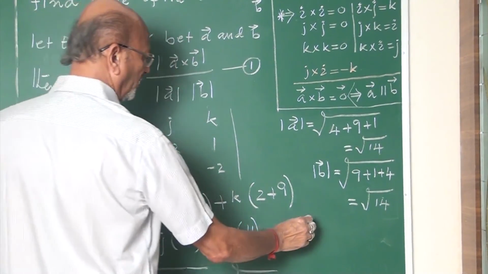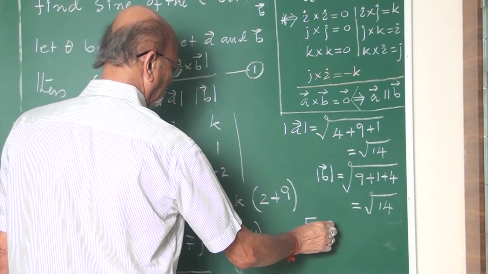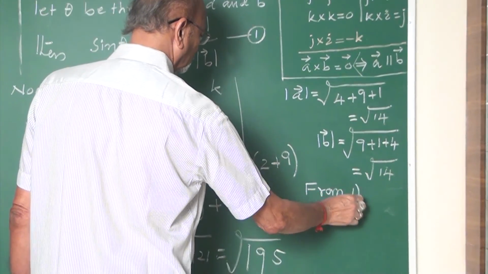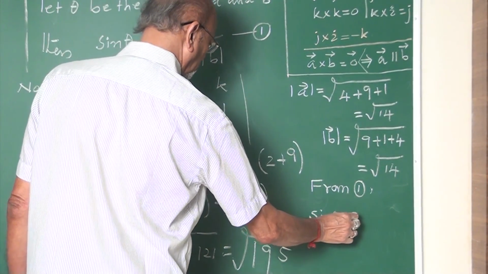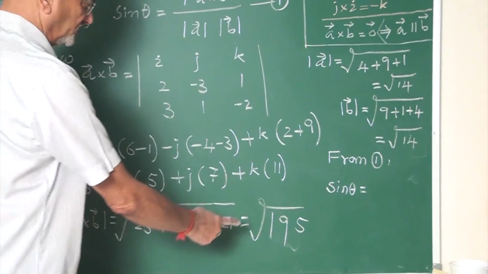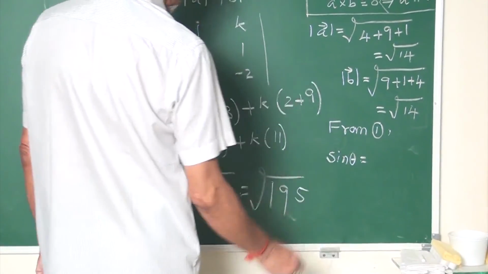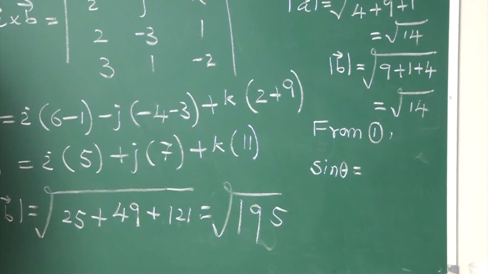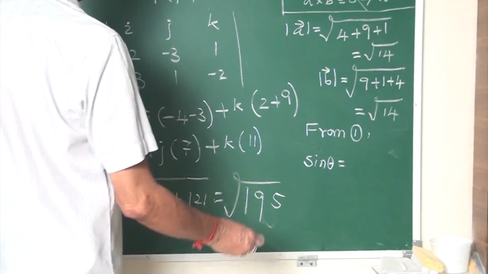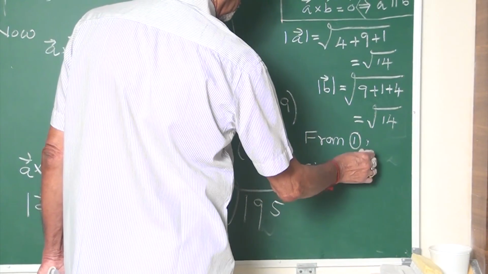Therefore, from 1, substituting these values, sine theta equals square root 195 in the numerator.